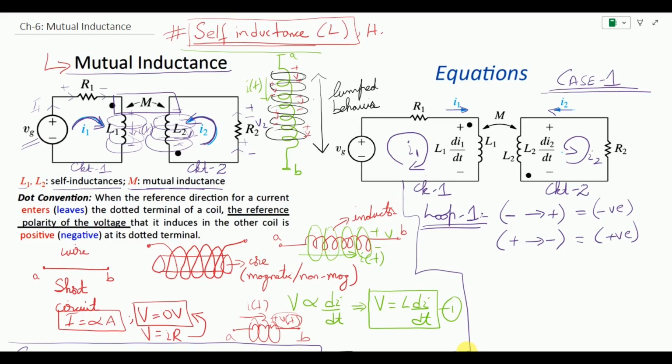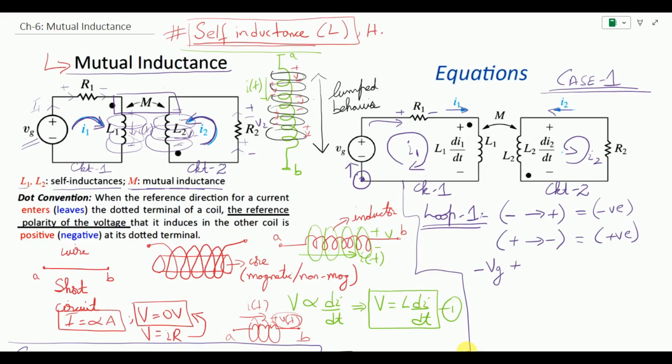In the first circuit, or loop 1, if we start from this node, the first thing we encounter in the flow of current is the minus voltage sign, the voltage source or the generated voltage VG. Then the current enters the resistor. We by default know the current enters through the positive terminal and leaves through the negative terminal.